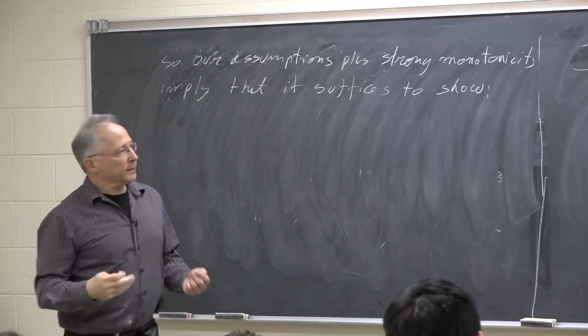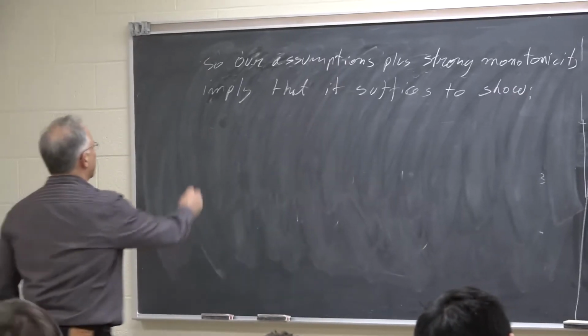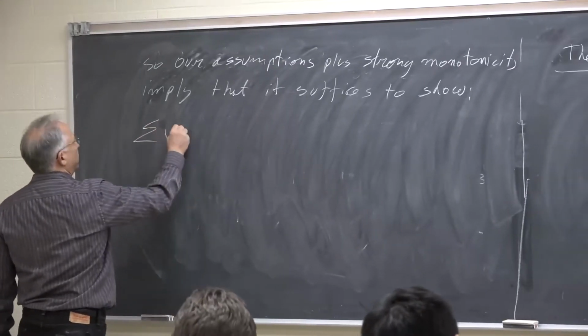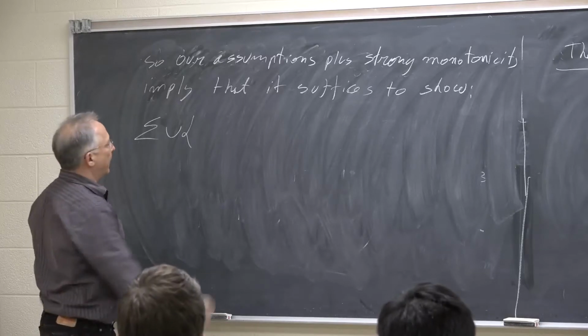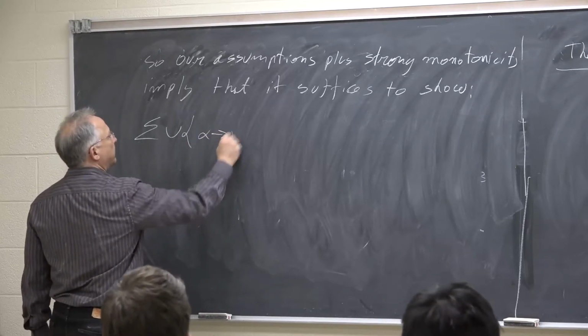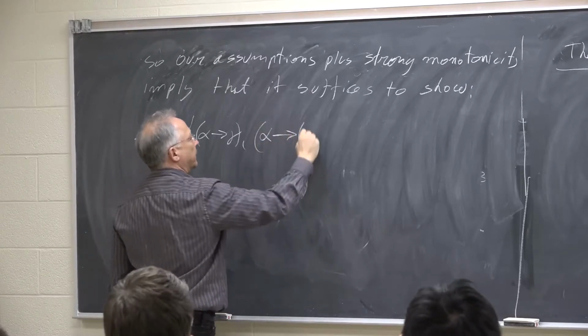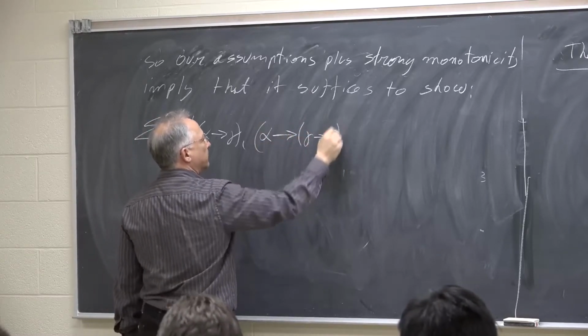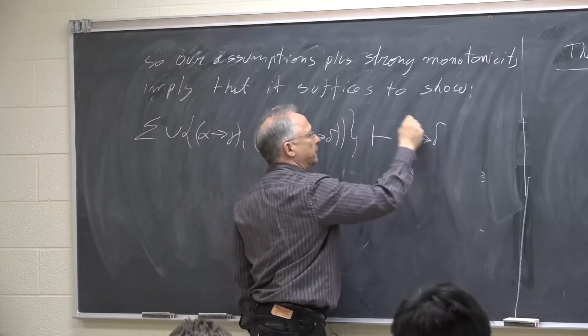Now I can strengthen sigma, because sigma can prove all of those guys. That sigma augmented with alpha arrows gamma and alpha arrows gamma arrows delta can prove alpha arrows delta.